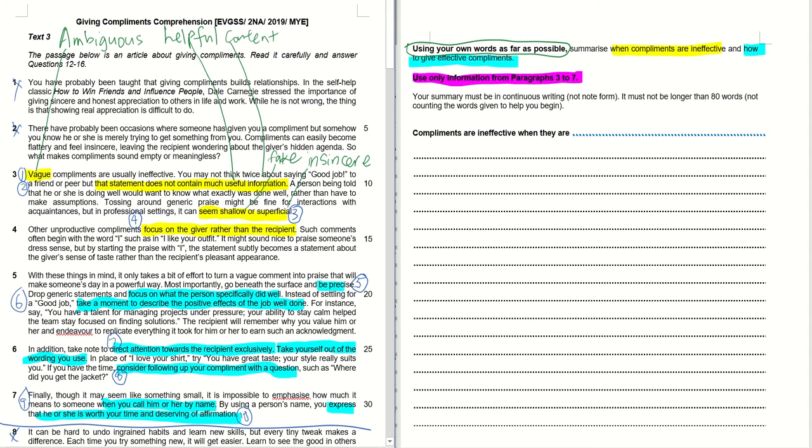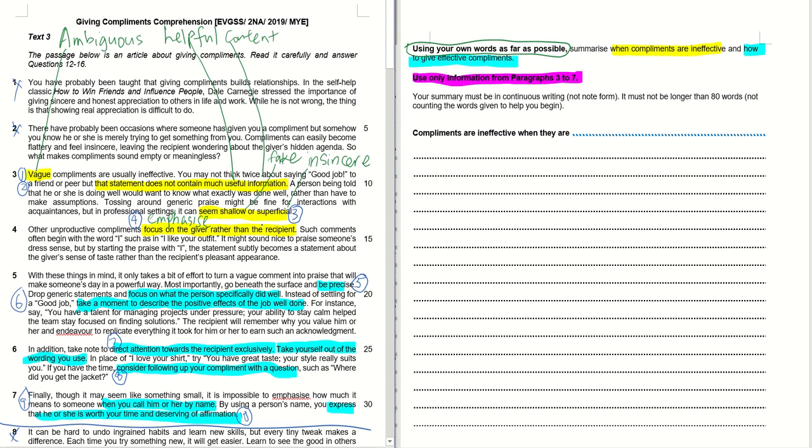Okay, next, focus on the giver rather than the recipient. So in other words, another word for focus is emphasize. Maybe I should use the British spelling for it. British spelling is SE.